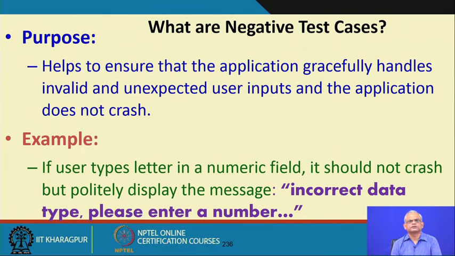For example, in a numeric field, a user types an alphabet, and then it is to be observed that the system does not crash and displays a polite message that the data type entered is incorrect, please enter a number.